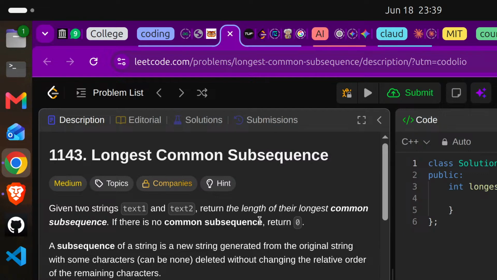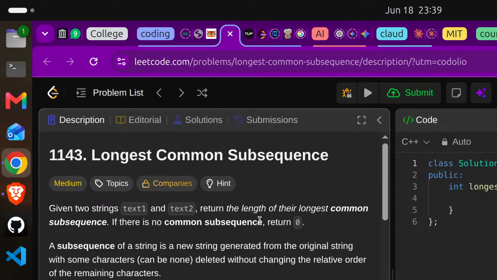We return the max of f. Okay, so we have to take two indexes, I think, because there are two operators.